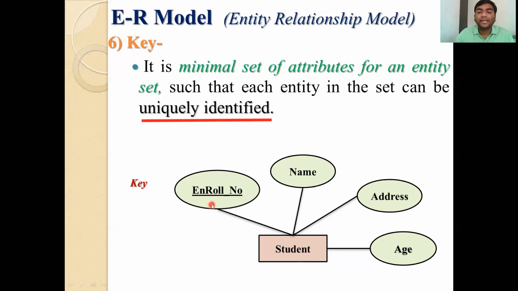The key attribute is the enrollment number because every student has a unique enrollment number. Names may be the same, addresses may be the same, and age may be the same. But the enrollment number is not the same. It is unique because it is provided by the university to all students. Such an attribute is called a key attribute, and it is represented like this: you make an underline under the name of the attribute. So this is the key attribute.